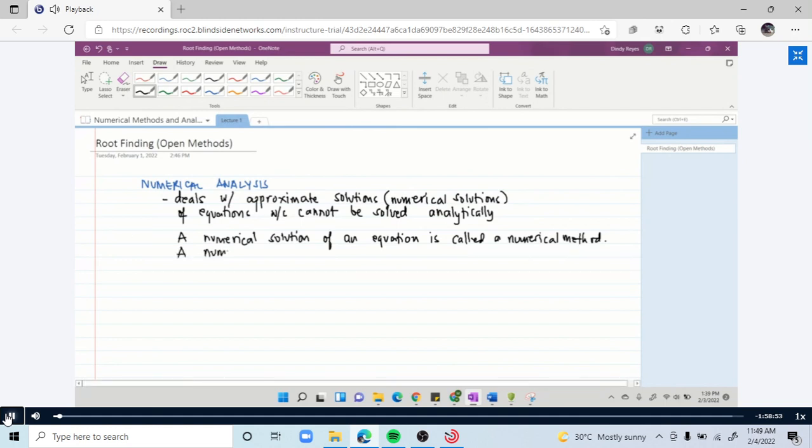A numerical method is an iterative method for finding approximate solutions.